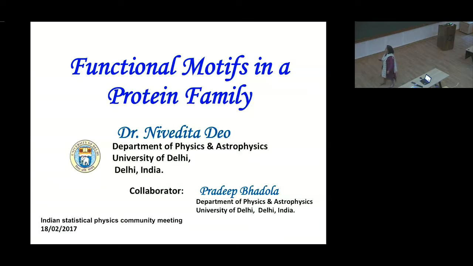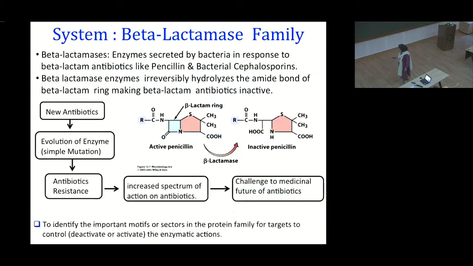The proteins I will consider as a string of amino acids, and the motifs are a cluster of these amino acids, these functional motifs, and I'll be considering a family of these proteins. The system that I'll be dealing with is the Beta-Lactamase family, which is an enzyme or a protein secreted by bacteria in response to antibiotics like penicillin and cephalosporins.